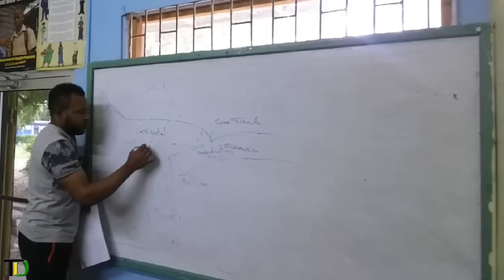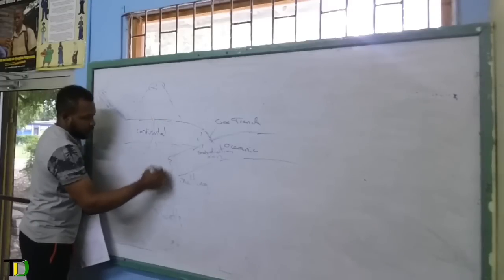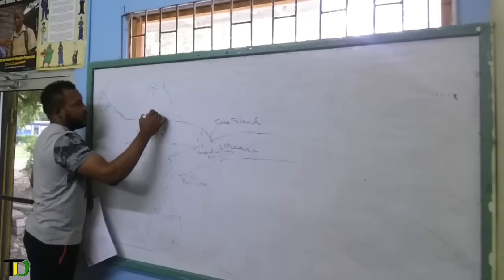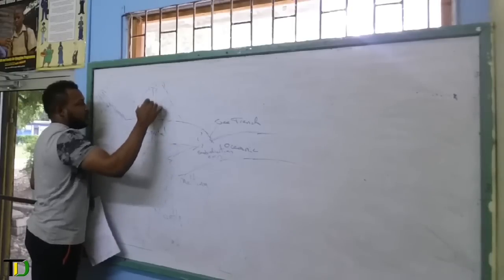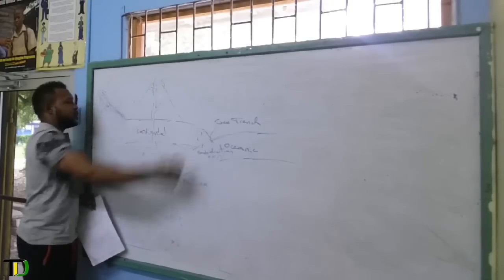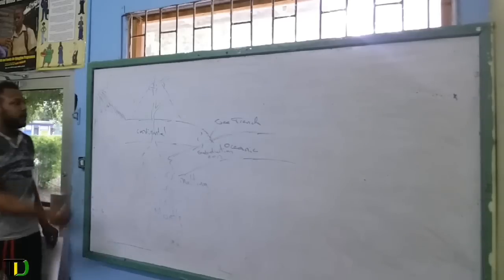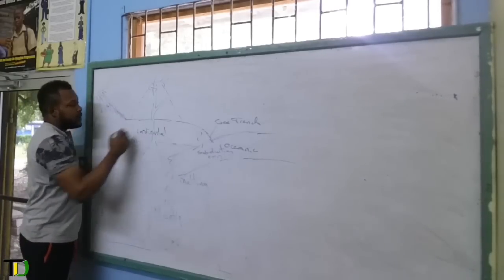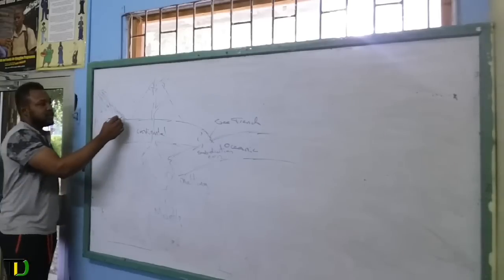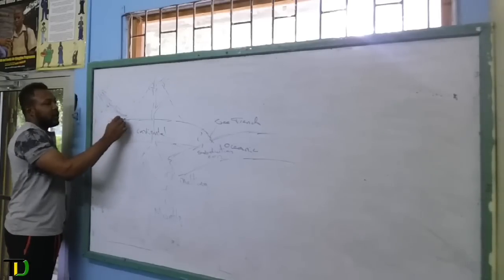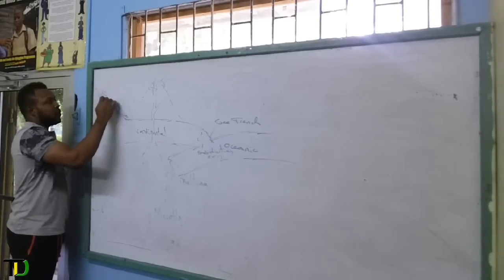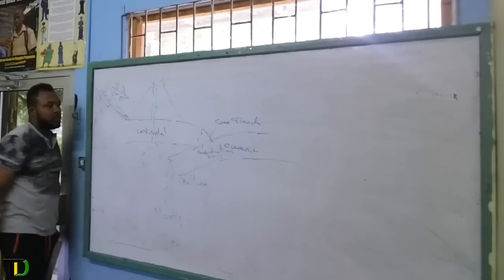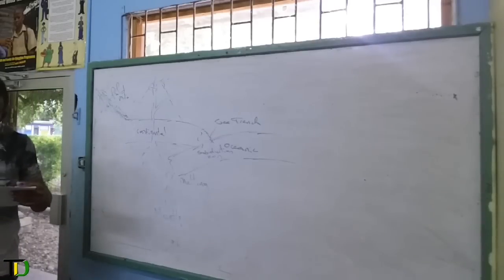So you have now melted material going up through weaknesses in the crust to form a volcano there. And because compression is occurring here as two plates collide, the continental plate, which is less dense, part of it starts to buckle and is uplifted and forced upwards to form fold mountains. See?